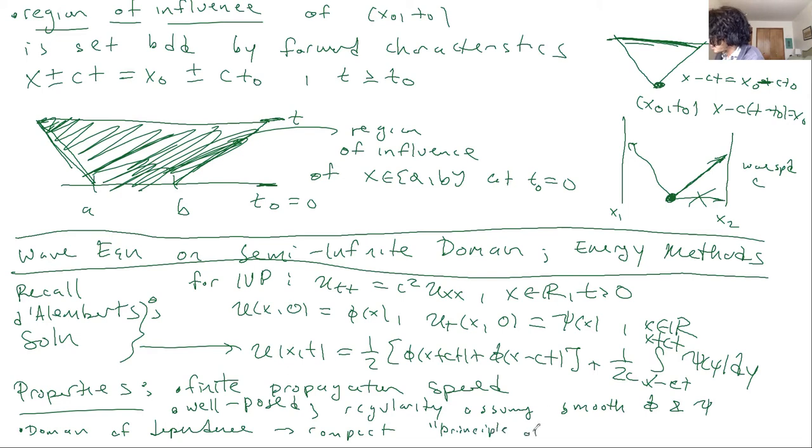This is sometimes called the principle of causality, that you can actually look and geometrically see what regions are going to cause changes to other regions. It's not just a whole mess where any particular point in space could affect the solution at another particular point in space. We also talked about the region of influence just now.